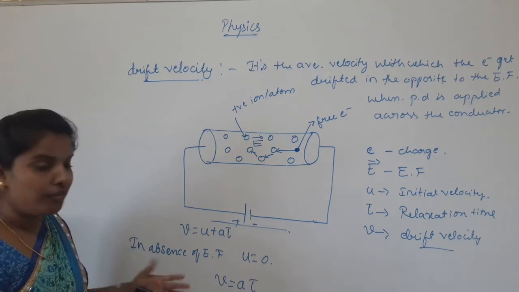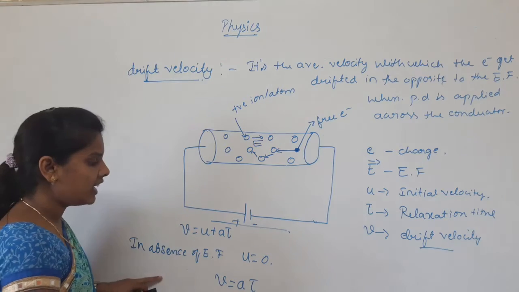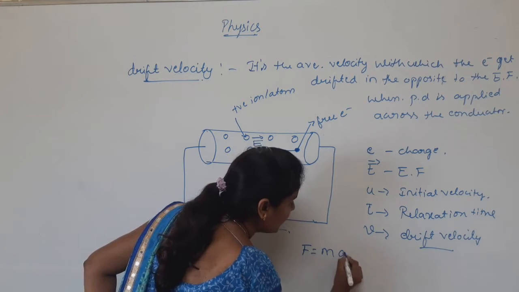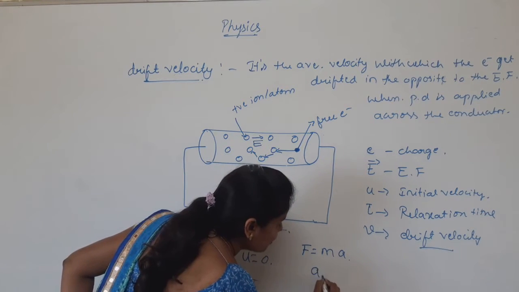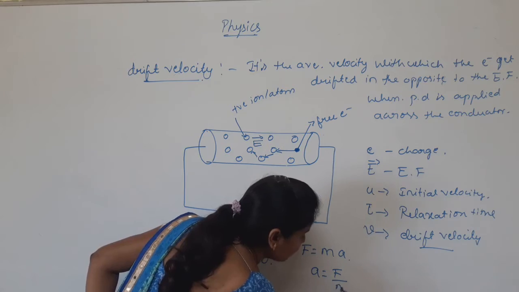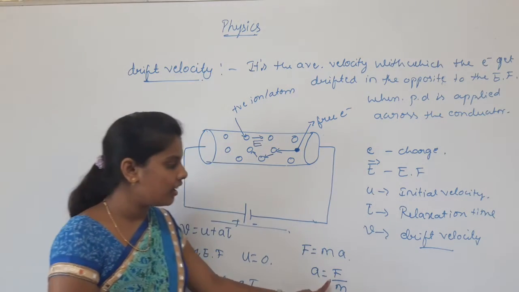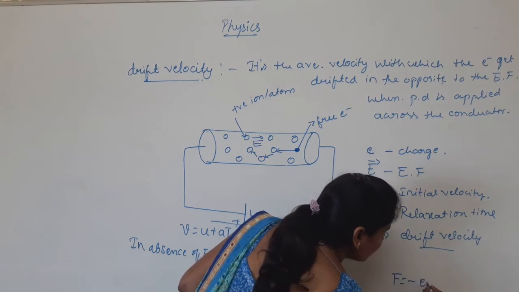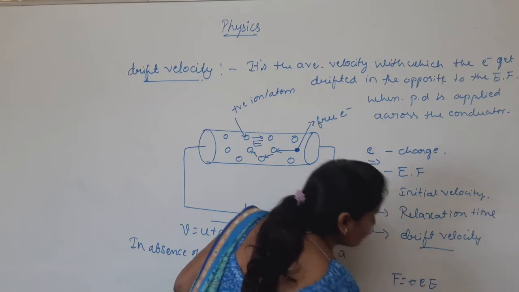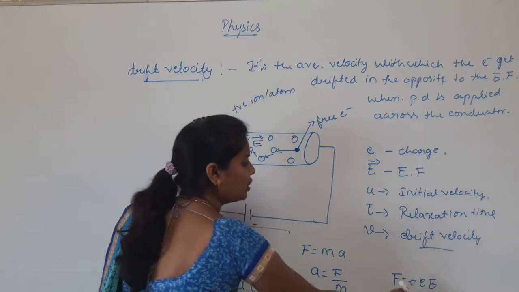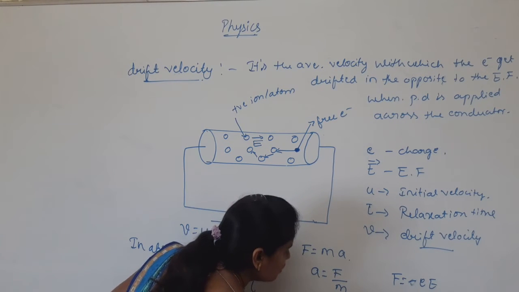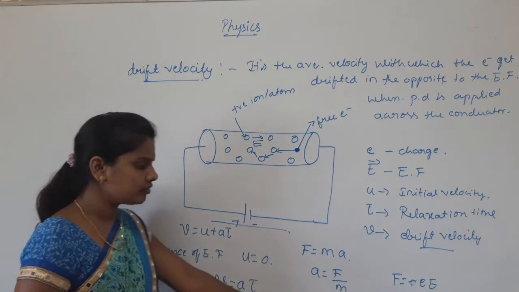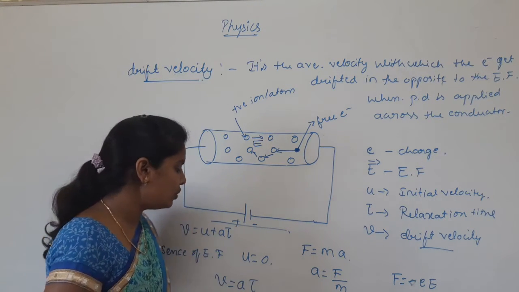From Newton's second law of motion, F equals m a, so a equals F divided by m. In the presence of an electric field and the charge of the electron, F can be written as minus eE. Substituting, we get a equals minus eE divided by m.